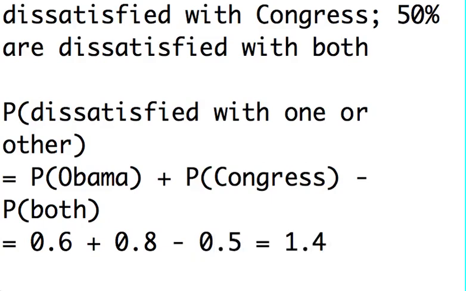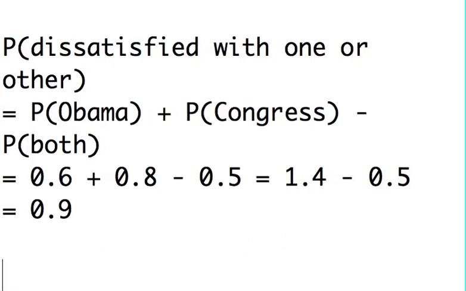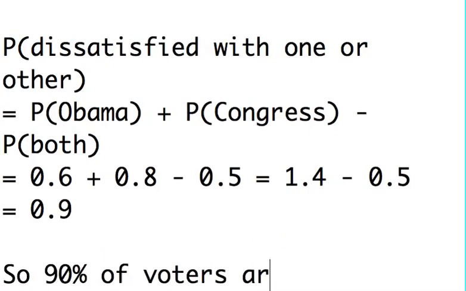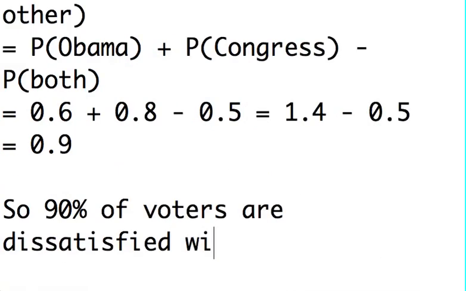That's 1.4 minus 0.5, which is equal to 0.9. So 90% of voters are dissatisfied with both. Okay.